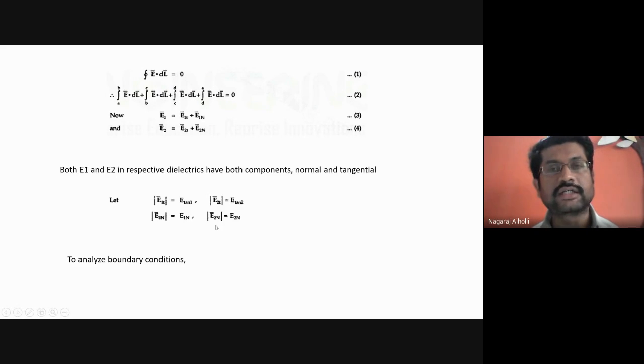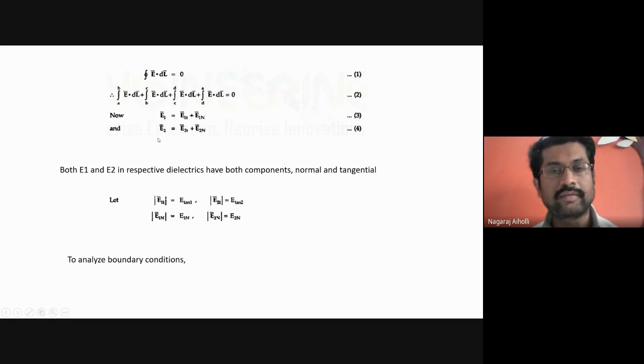The normal component in region 2 is E2n. Based on this, we can write the total electric field intensity as the sum of the tangential component plus the normal component according to the law of parallelogram. According to the law of parallelogram, E1, the electric field intensity in region 1, is the sum of the tangential component in region 1 plus the normal component in region 1. Take it as equation 3.